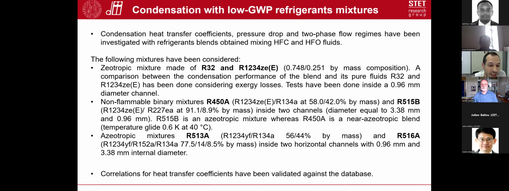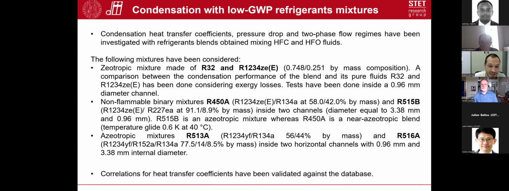We also studied the non-flammable mixtures R450A and R515B. These are two mixtures mainly made by R1234ZE. And in this case, they are classified as A1 by ASHRAE.